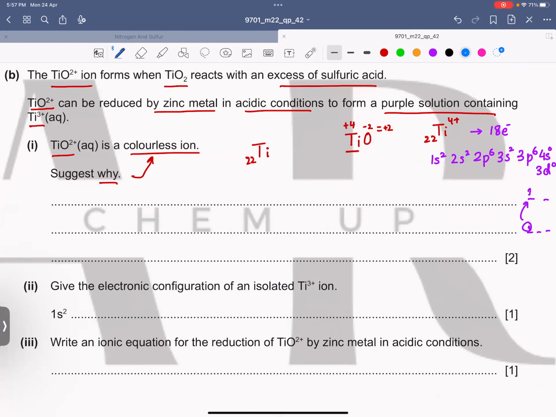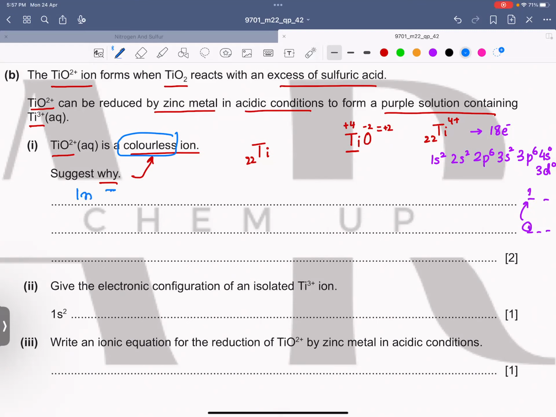But here, as the d is empty, no electron can transition from lower to higher energy by absorbing light. So if light is not absorbed, color is not shown, and that's why it is colorless. Is this understandable to everyone?